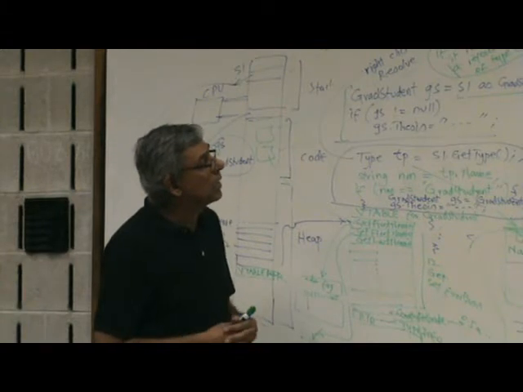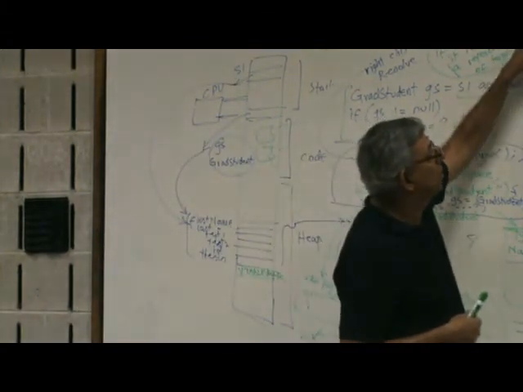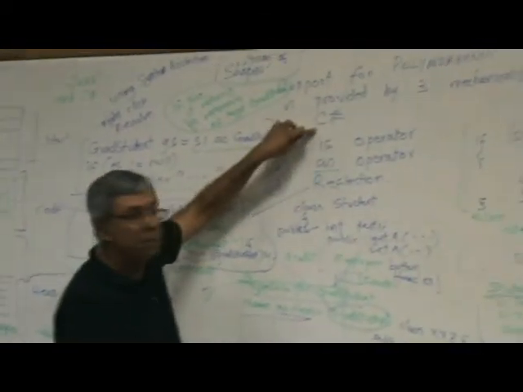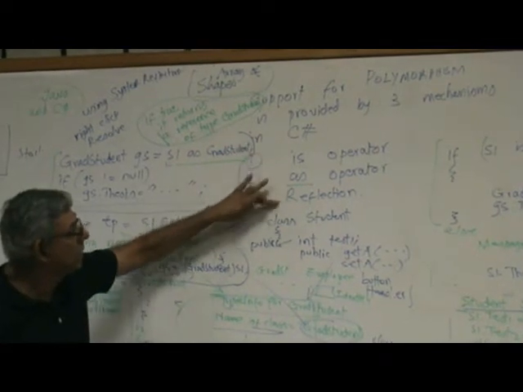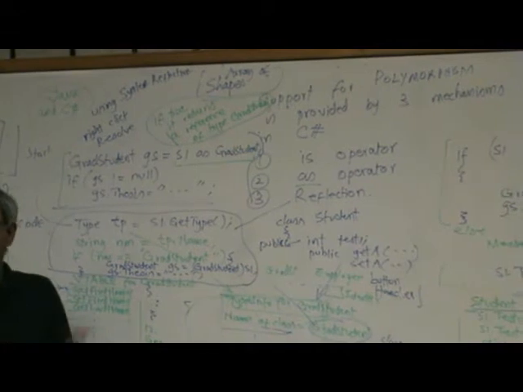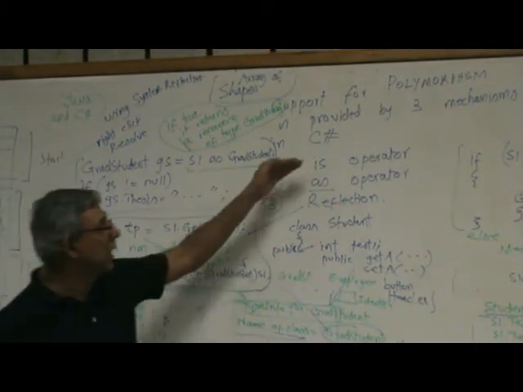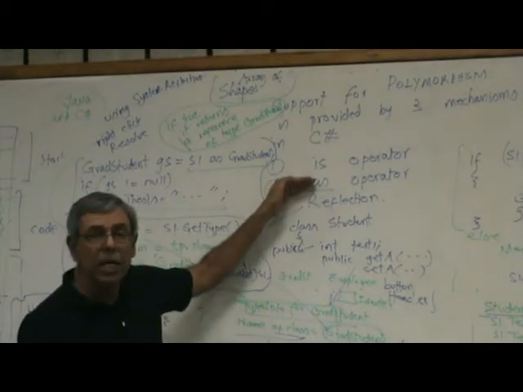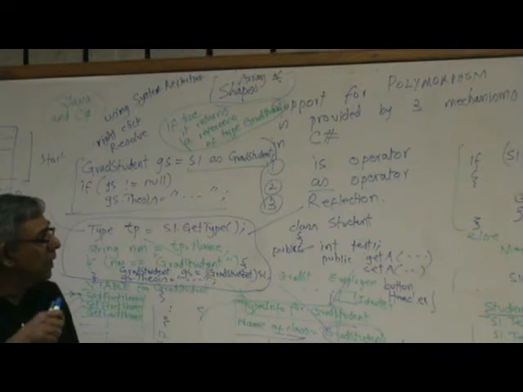Anyway, to summarize, the support for polymorphism in C# is provided by three mechanisms. What are those three mechanisms? is, as, and reflection. As you are programming, you should be fluent in all three. Sometimes you will see people using the is operator, sometimes the as operator, sometimes reflection. All three of them can be used.